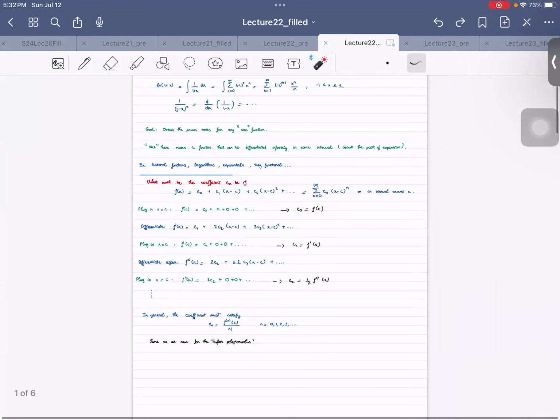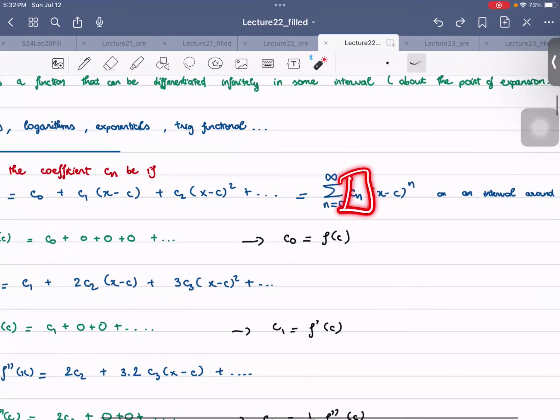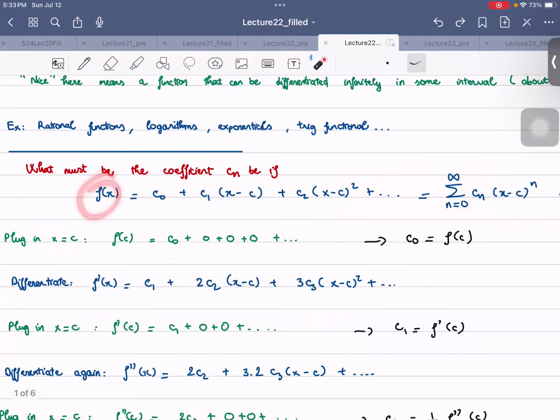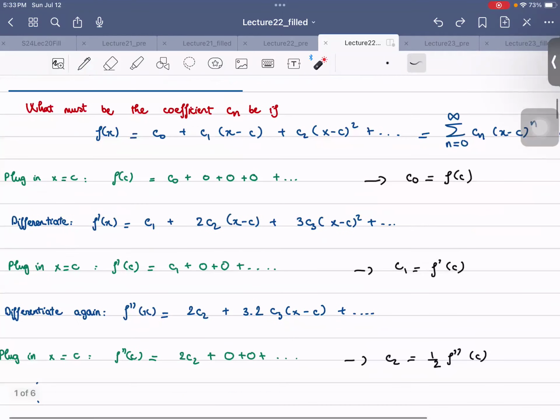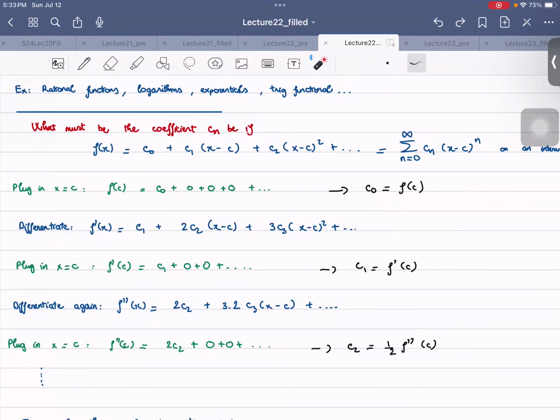So you have to determine the coefficient if you want to describe your function in terms of a series. So I need to find c0, c1, c2, c3, c4. Is it familiar from when you did the Taylor polynomial? It's exactly the same thing.